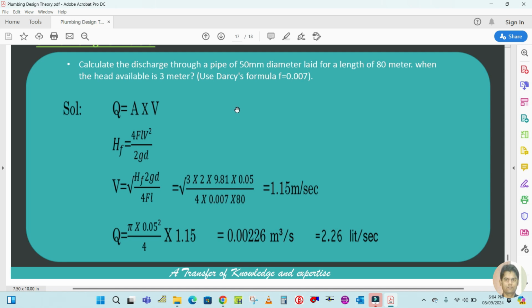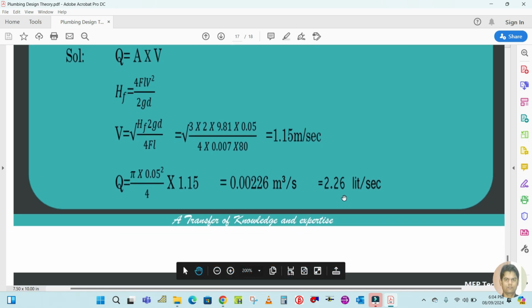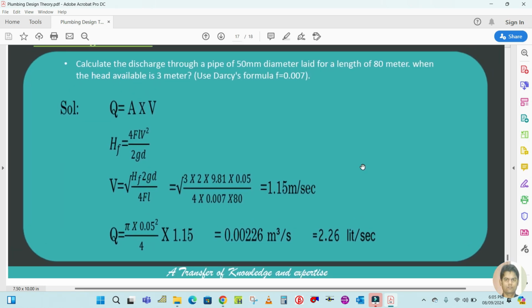The diameter is already given, 50 mm, which in meters is 0.05. Square this value, multiply by pi and divide by 4, and you can calculate the discharge through the pipe, 2.26 liters per second. Q is equal to A times V. So from this formula you find the velocity first, and then put this value in this equation to find the discharge.